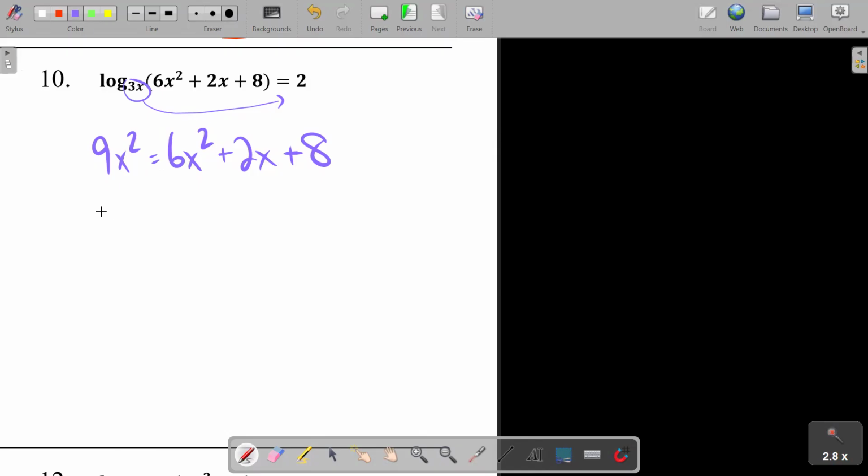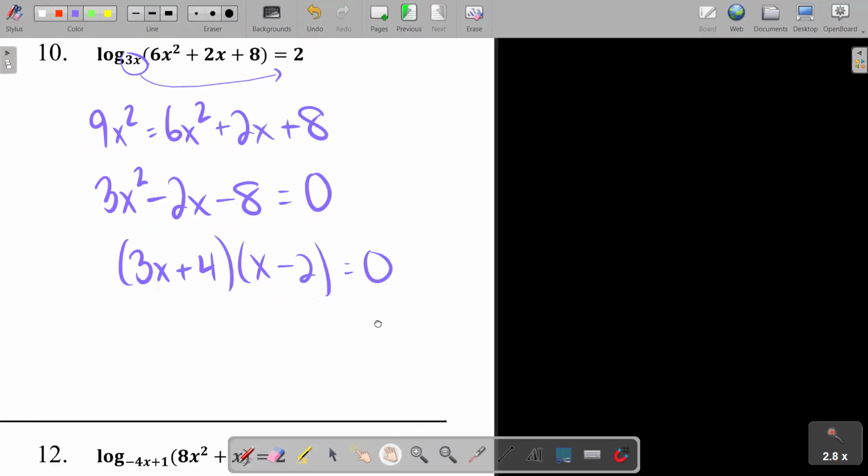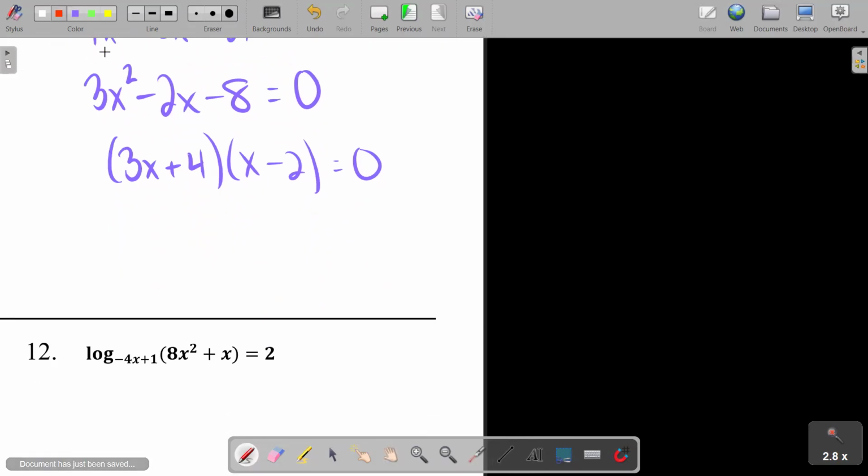So I'm going to have 3 of those over here, minus 2x's and minus 8, because everybody's coming across and changing signs. This will factor down into 3x plus 4 and x minus 2, meaning that our potential answers are x equals negative 4/3, and x equals positive 2.